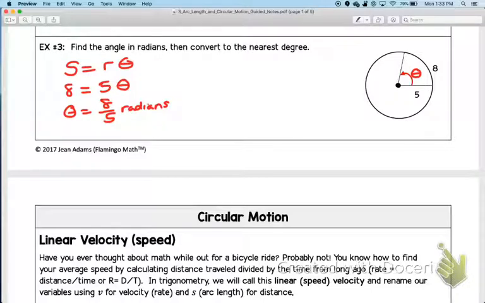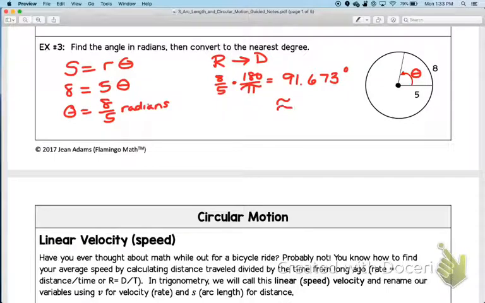So now we need to do our conversion of that to degrees. So radians to degrees. We take our 8/5 radians, multiply by 180 over pi. Because remember, when you're going to degrees, you want to divide out the pi. Right, so now you just have to do that math. So 8/5 times 180 over pi should get you approximately 91.673 degrees.